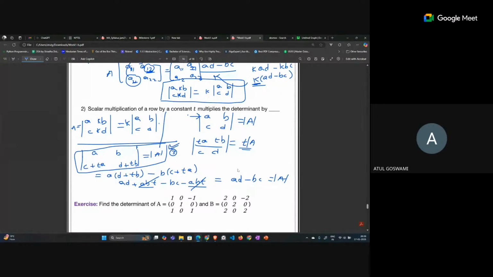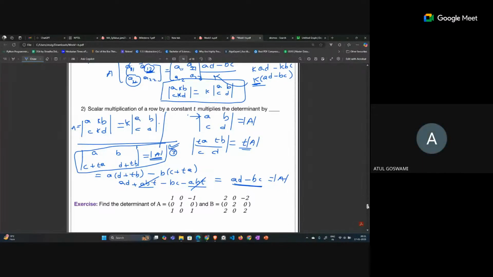When we multiply the first row by t, the determinant becomes t times the original. But if we multiply the first row by t and add it into the second row, and make this another matrix, when we find the determinant, it is unchanged. We have calculated it. Got it, sir. Thank you, sir.